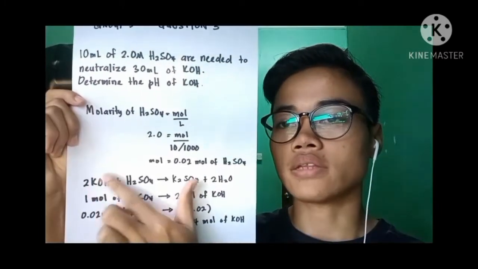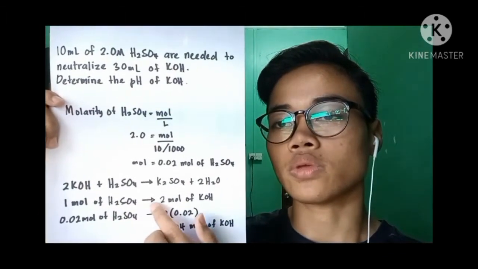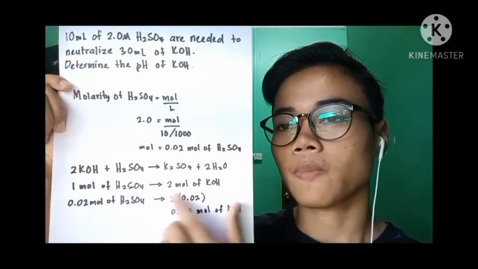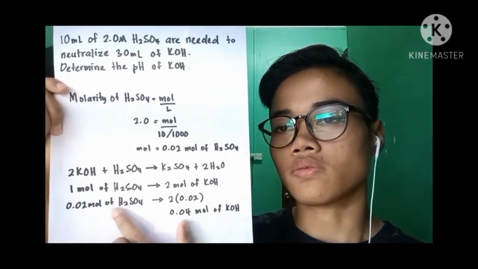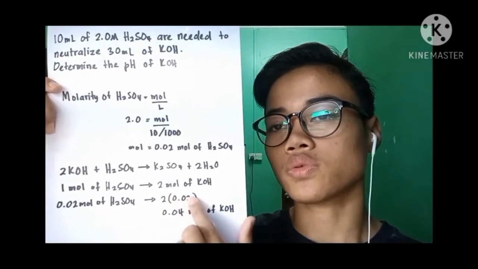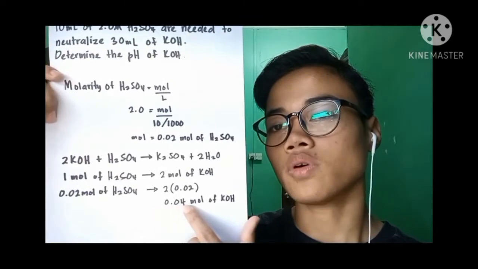So we see at the reactant, 1 mole of sulfuric acid is equal with 2 moles of potassium hydroxide. So 0.02 mole of sulfuric acid is equal with 2 times 0.02 mole, and we will get 0.04 mole of potassium hydroxide.